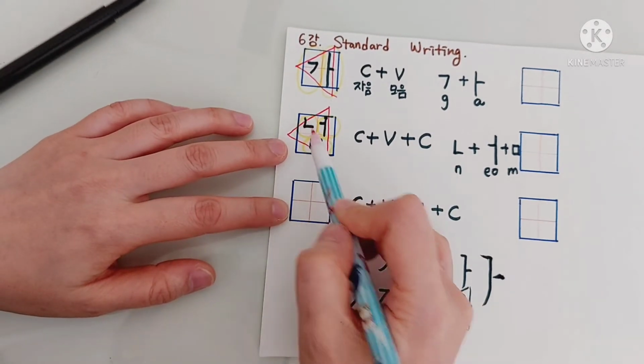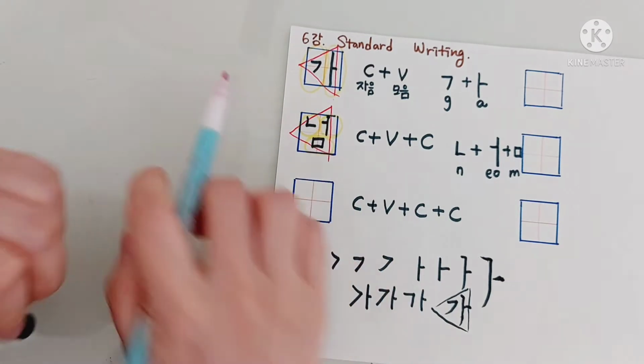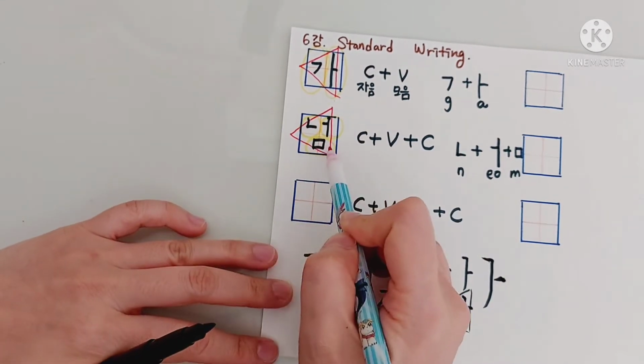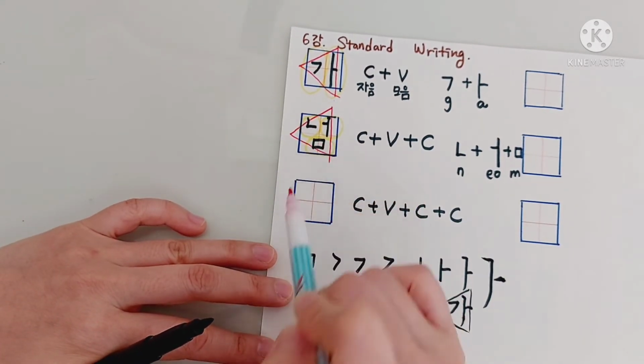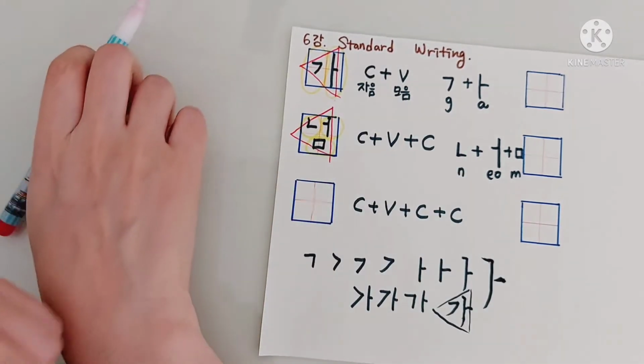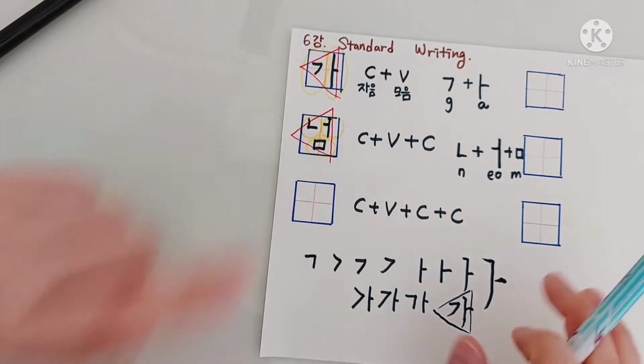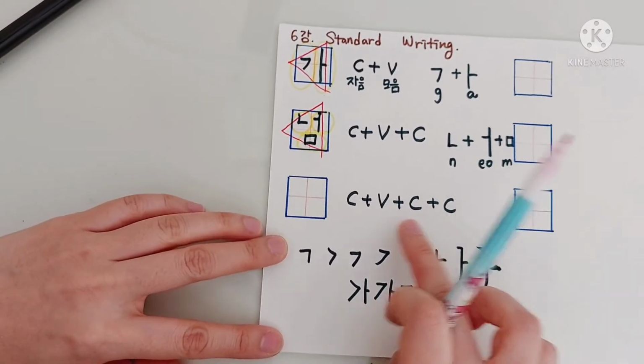This side is the same, beautiful. We say this is standard, but it's also up to you. You can make it a little bit bigger, depending on you. Num.